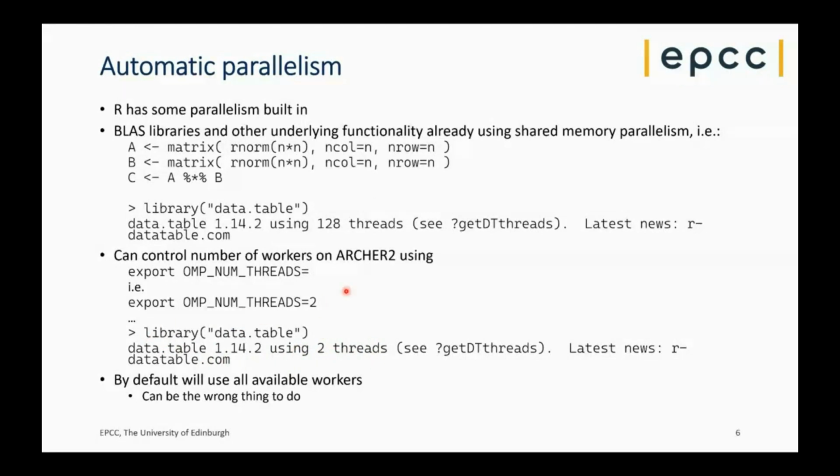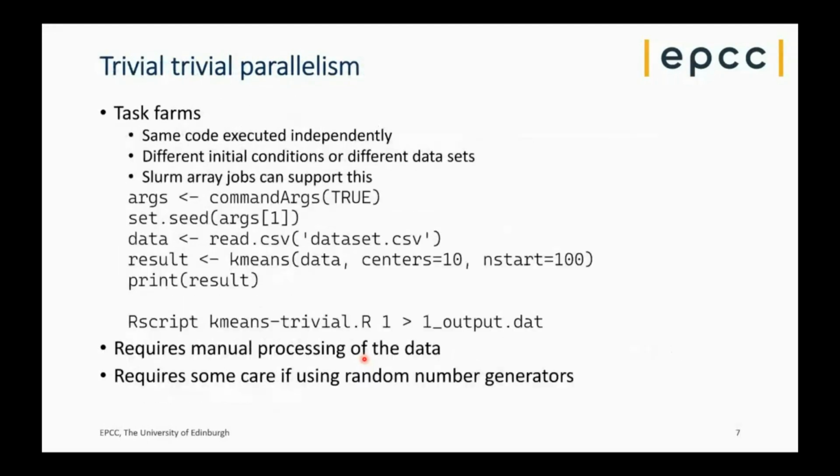So it's picking up what we specify at the command line here and saying, I will apply that. And so that can be useful because you may have access to 128 workers, but it may not be the fastest way of using the system if you try and use all of them. It just may add overhead and not improve things for you. So that can be useful to be able to control that kind of parallelism there.